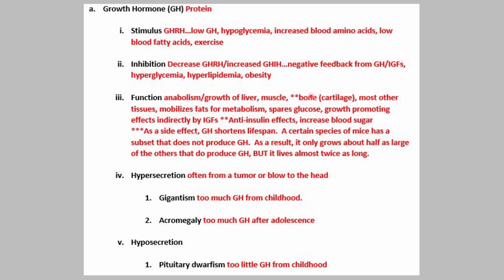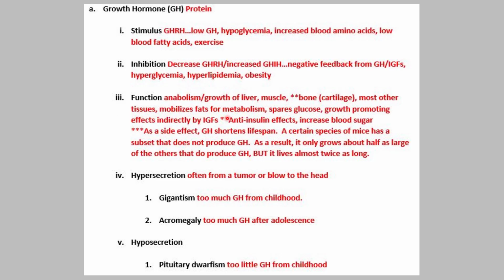And I say that because growth hormone doesn't actually cause bones to grow. Instead, what growth hormone does is it causes cartilage to grow and it causes cartilage to be converted into bone. So growth hormone increases cartilage and cartilage conversion to bone, and the result is bones grow. Growth of most other tissues.